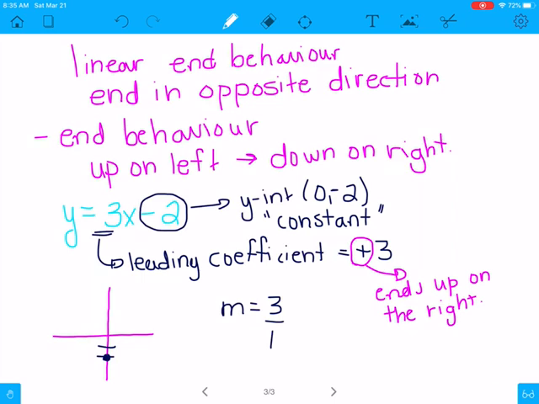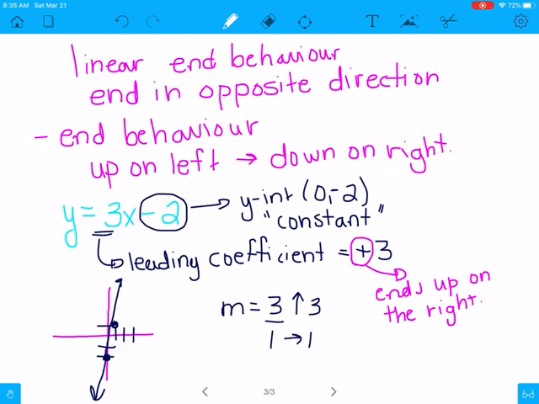So I rise before I run. Just like if you were in bed, you have to rise before you run, or you're just running in bed. So I rise up 3, 1, 2, 3, run 1 right. And then I'm going to try and connect them better than I did last time. Oof. This is bad. Pretend they're going through the dots.